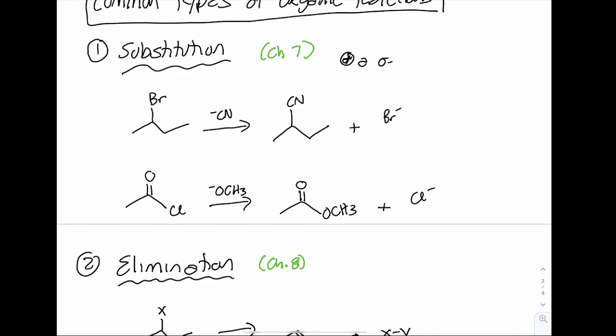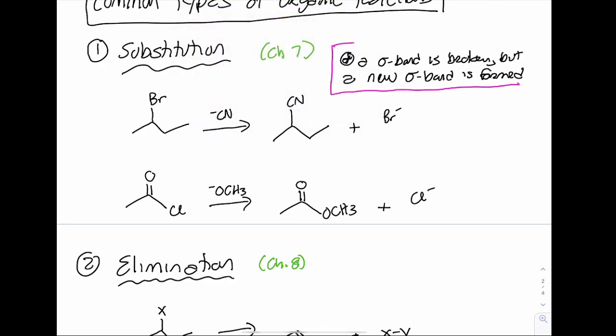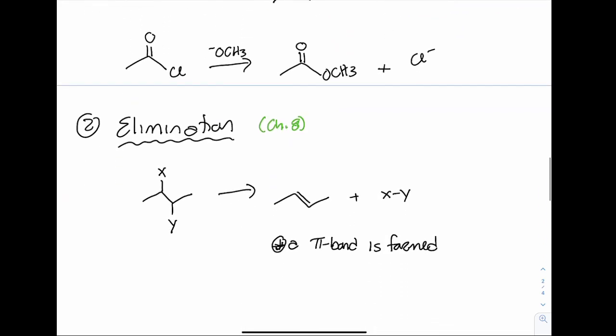So a sigma bond is broken, but a new sigma bond is formed. So we broke the sigma bond between carbon and bromine. We formed the sigma bond between carbon and the carbon of that cyanide group. If I go down to my elimination, we're forming a pi bond.